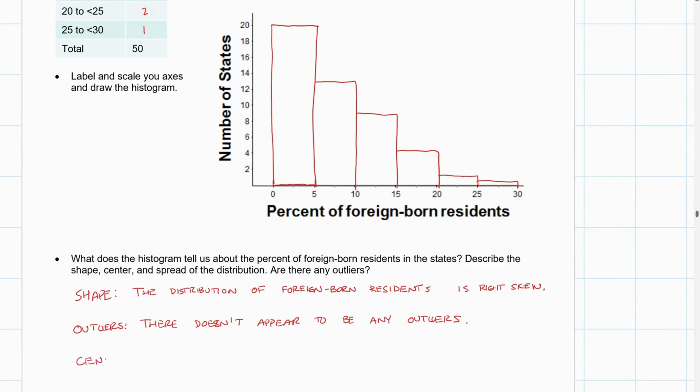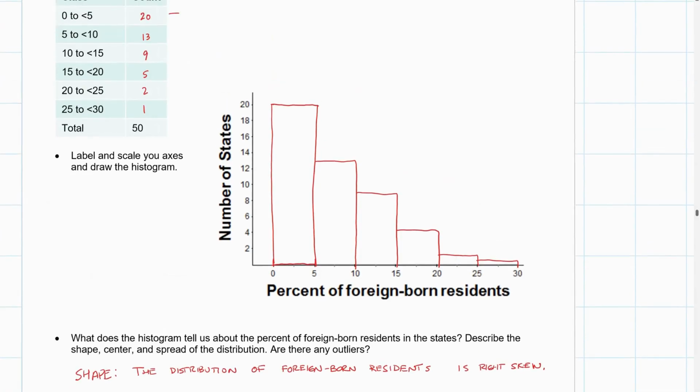We talk about the center. Probably the easiest way to talk about the center is to talk about the middle number. The middle number, which we'll get into in more detail in the next section, would be the 25th state. Now, the 25th state, the first 20 are in that first group. The next 13 are in this group, so the 25th state has to be in this range.